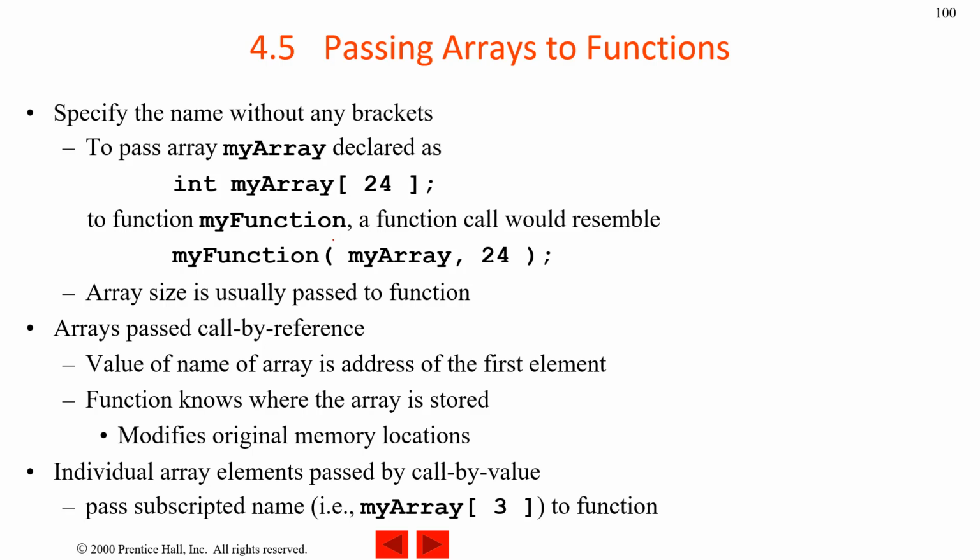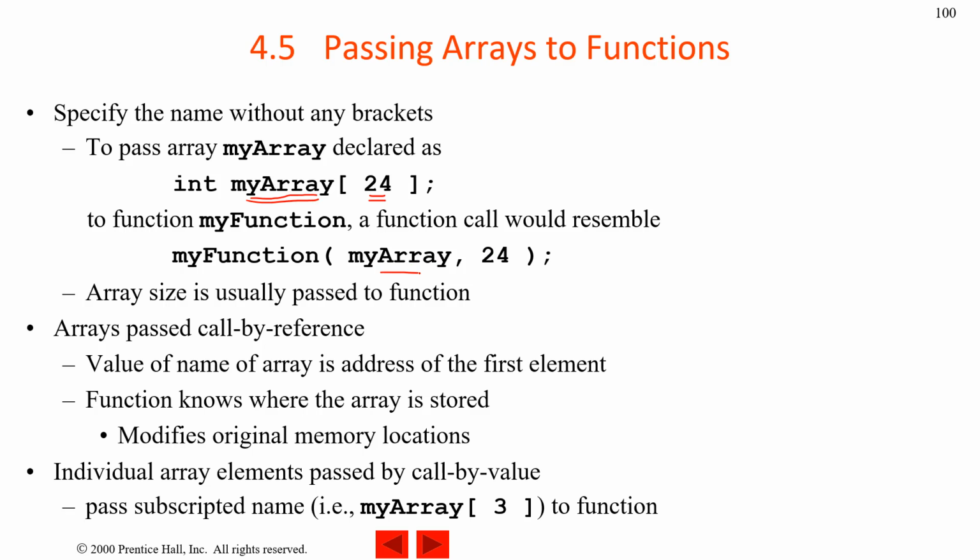So if my array was defined like this, int, the name of the array was my array, the size was 24. So this is the name. What I'm going to do is pass the name separately and pass the size separately. So for a function call, if there is a function my function, to make that function call it will have to look like this: my function, my array, 24.